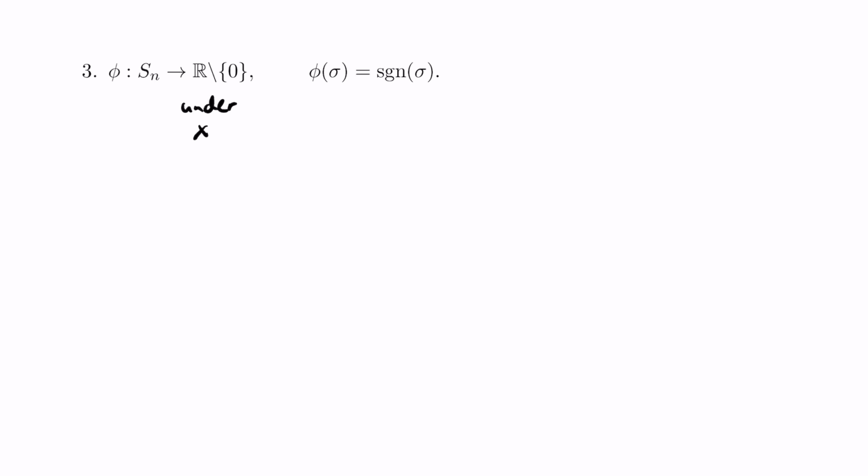This homomorphism, which we will now give an abbreviation, SGN, stands for signum, or in abbreviated terms, sign, and we're going to use sign very often.